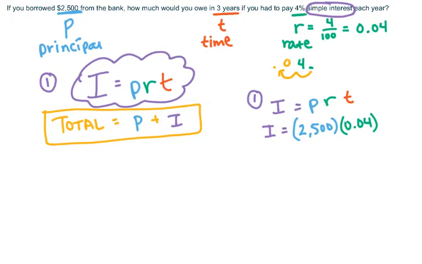My time is 3 years. Okay, so to find the total interest you'd pay overall, all you have to do is multiply 2,500 times 0.04 times 3. Once you multiply that, you should get $300.